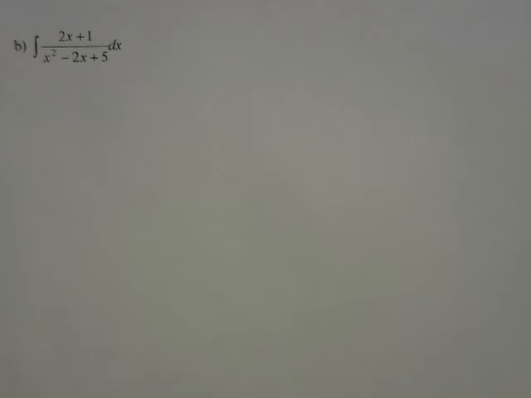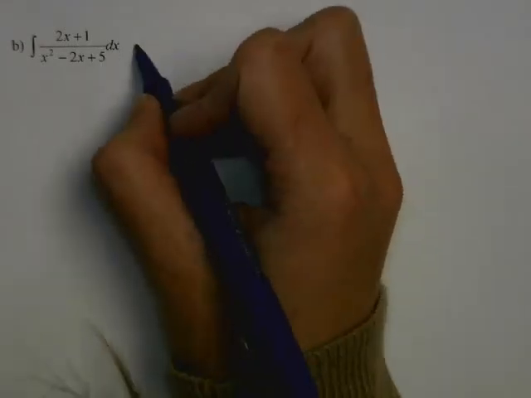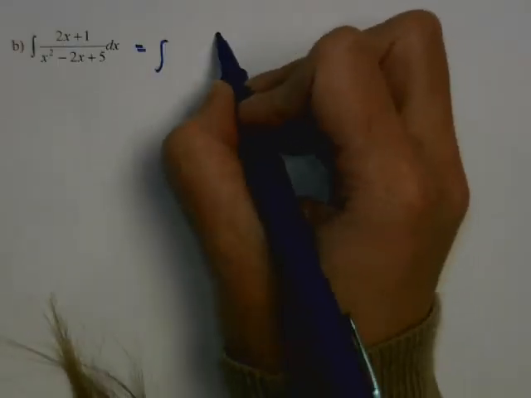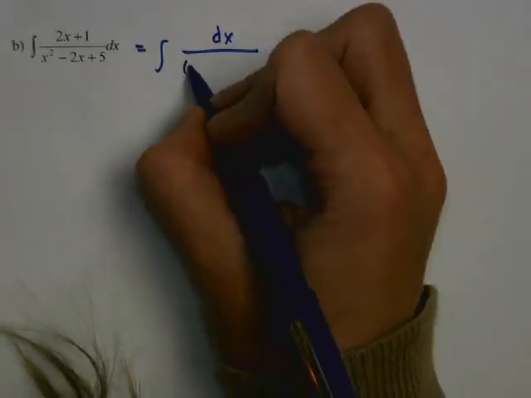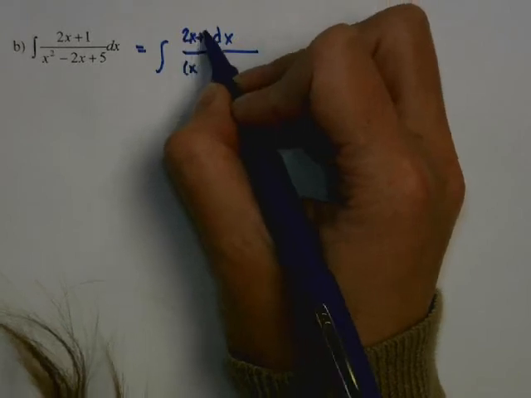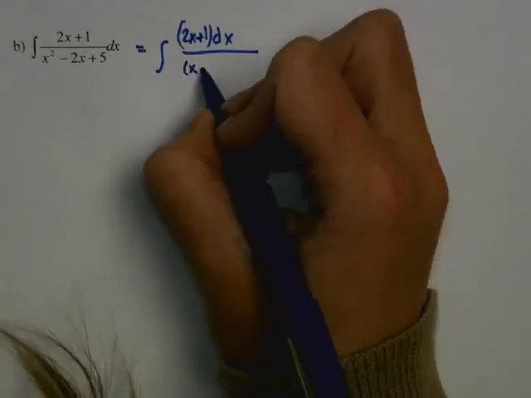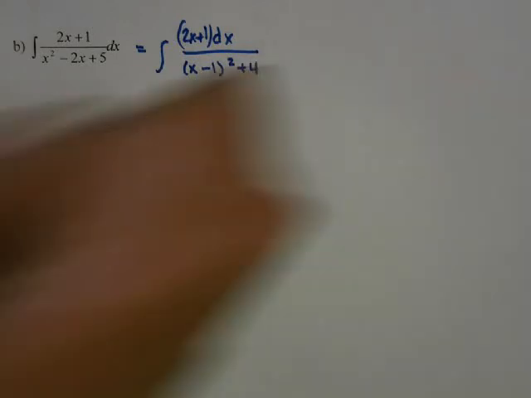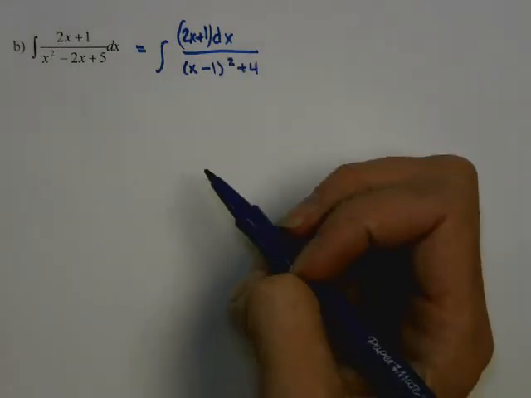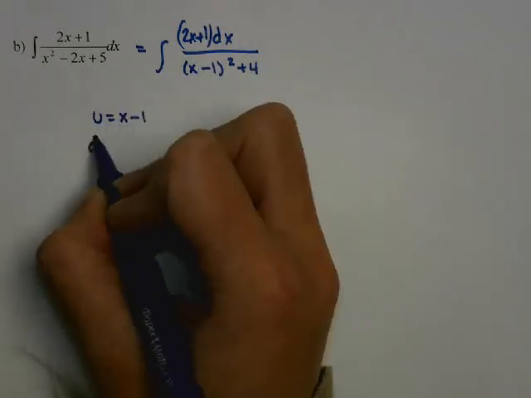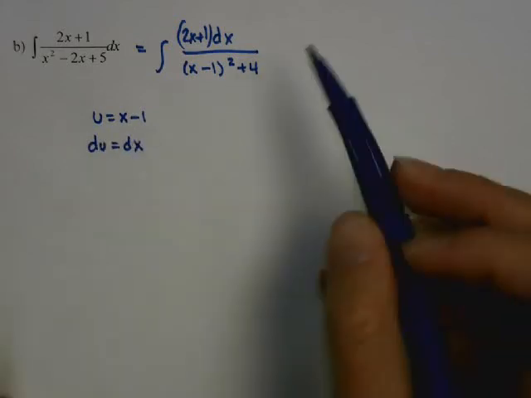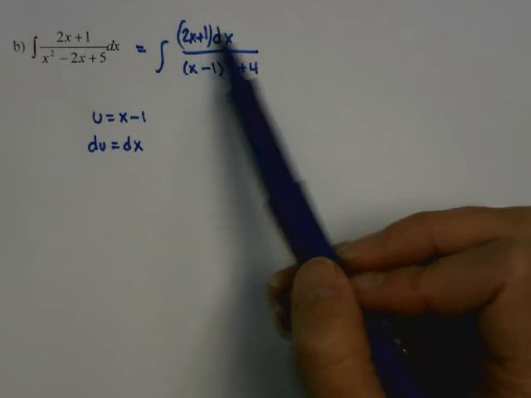All right, this one looks pretty simple, but it's actually going to be a little bit tricky. So I'm going to complete the square again, but it's the same denominator that we just did. So this is now going to be dx over, this is the same thing, so the numerator 2x plus 1 over x minus 1 squared plus 4. So I'm going to let u equal x minus 1. But I still have this numerator.